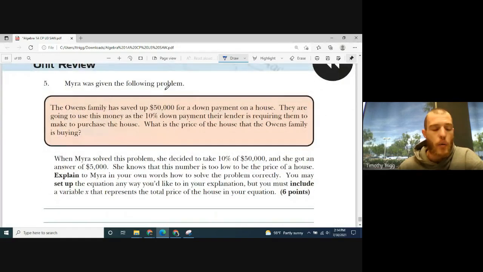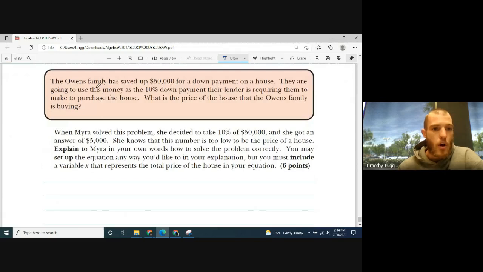Myra was given the following problem. The Owens family has saved up $50,000 for a down payment on a house. They're going to use this money as the 10% down payment their lender is requiring them to make to purchase the house.